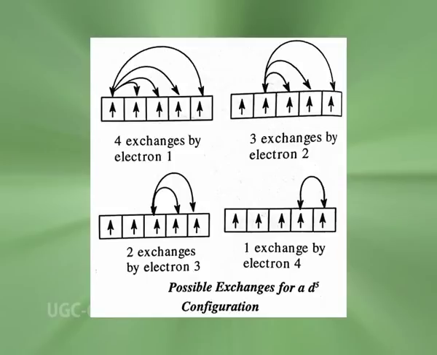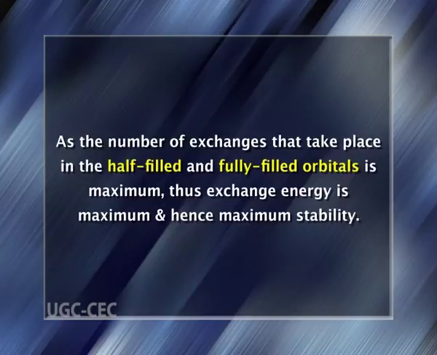Each such exchange leads to a decrease in energy known as exchange energy. The greater the number of exchanges, the greater the exchange energy, and hence the greater the stability. As the number of exchanges that take place in the half-filled and fully filled orbitals is maximum, exchange energy is maximum and hence maximum stability.